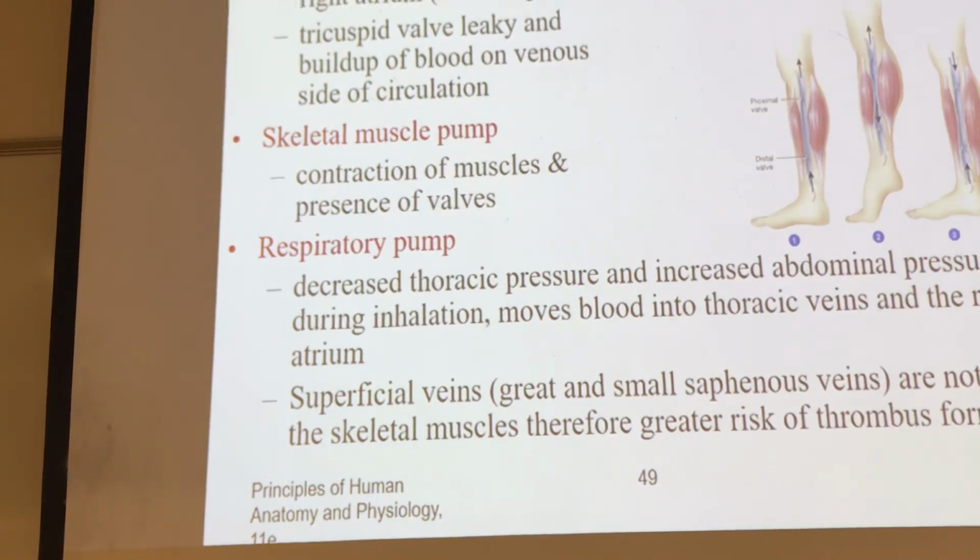Now I've moved blood up the next segment. The more you contract and relax, the more you move blood from one segment to the next segment, then to the next segment.